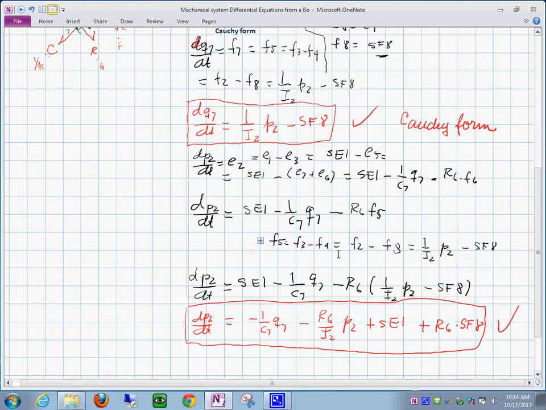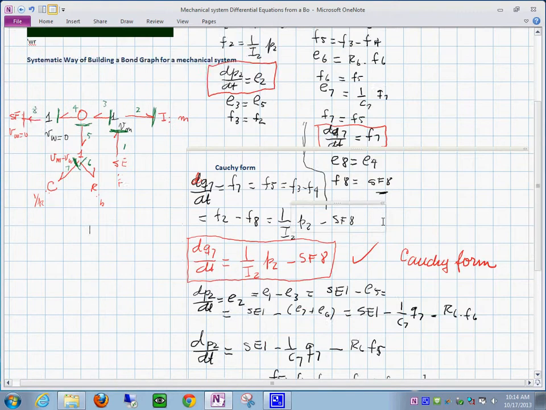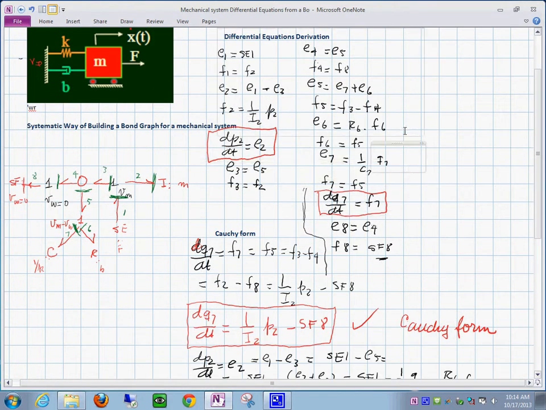So if you run CAMG, you're going to see that the CAMG equation file will produce this. I'm going to write it here in parentheses, and the file is called CAMG-EQU.m.